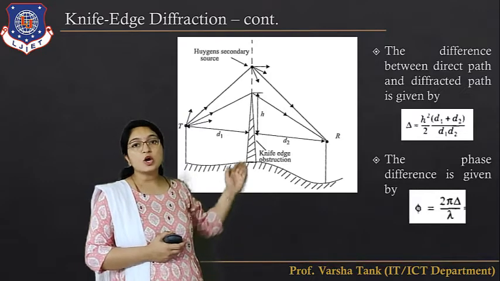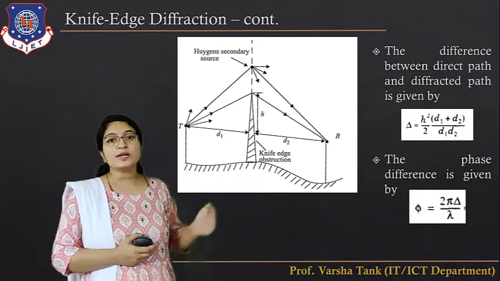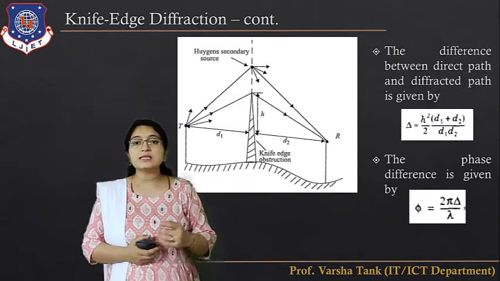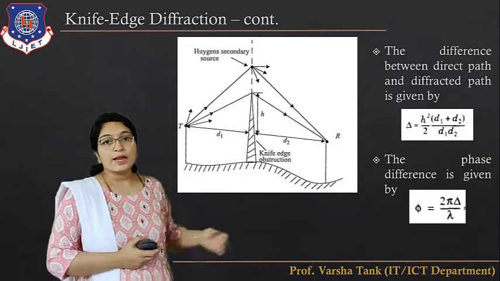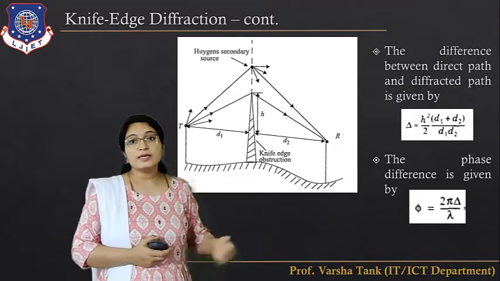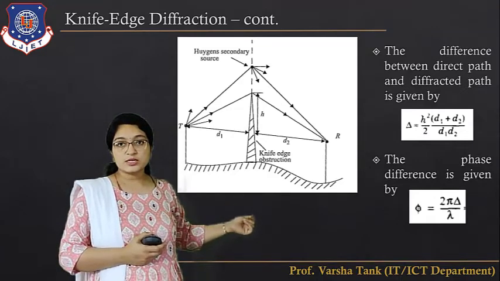The distance between the obstacle and transmitter is denoted by d1 and the distance between the obstacle and receiver is denoted by d2. This obstacle is known as the knife edge obstruction.